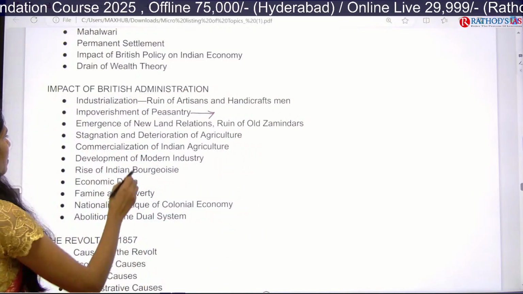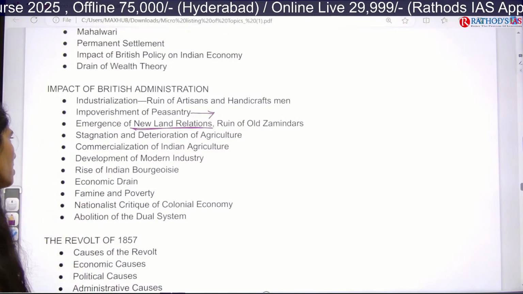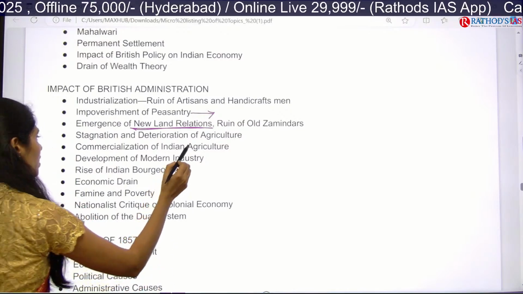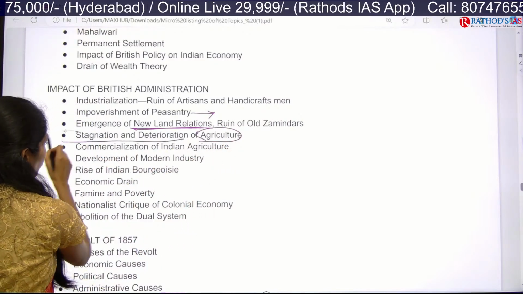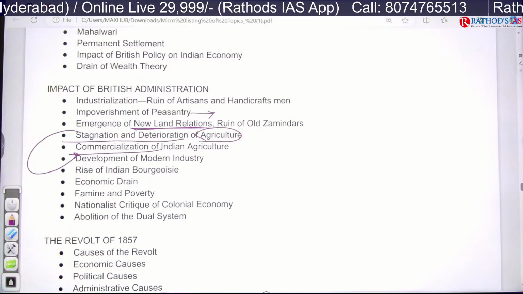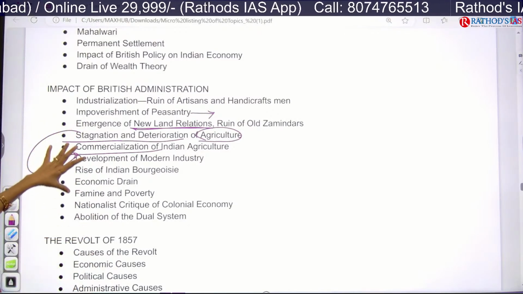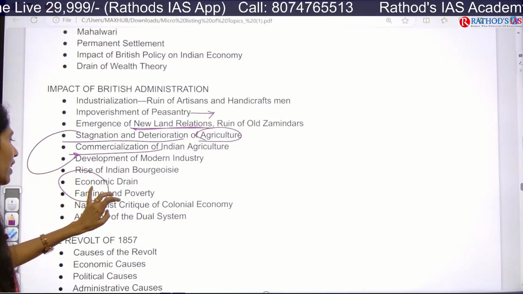And next is the emergence of new land relations, ruin of old zamindars. And in agriculture, they face the problem of stagnation and deterioration, and they move towards commercialization of Indian agriculture. So these are some important things that you have to see, and how famine impacted the people and also poverty.